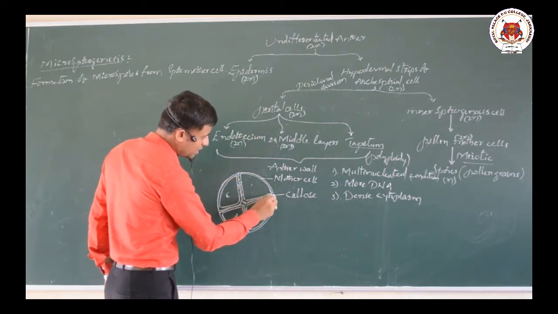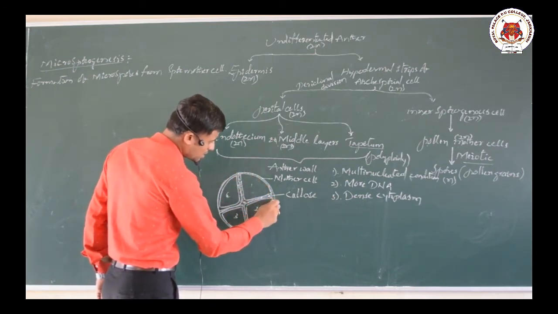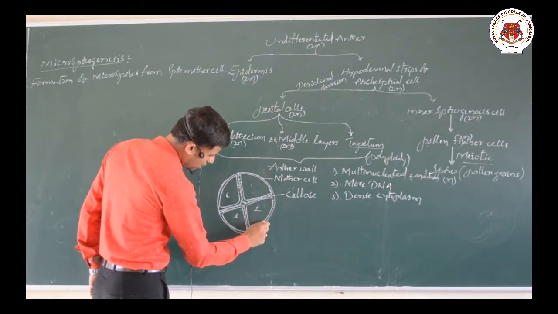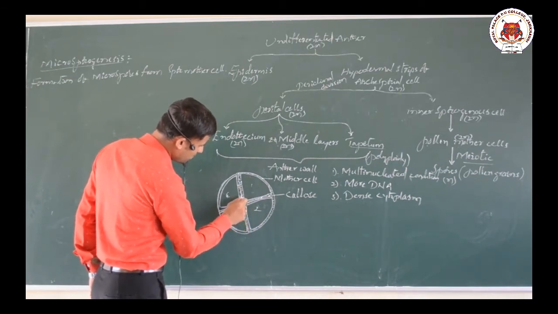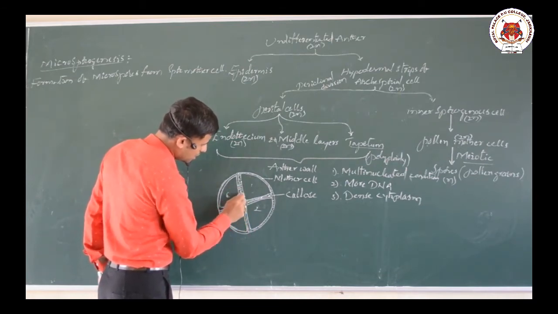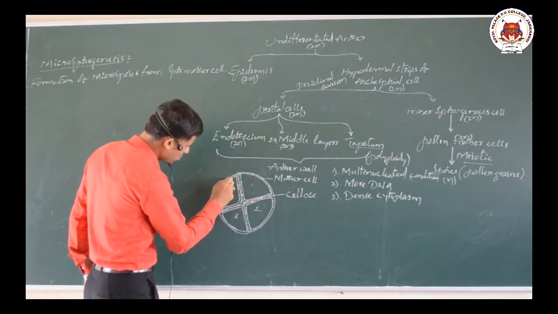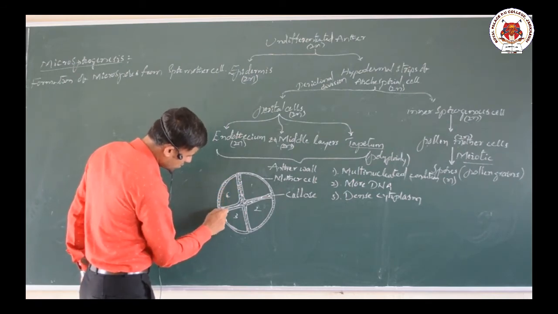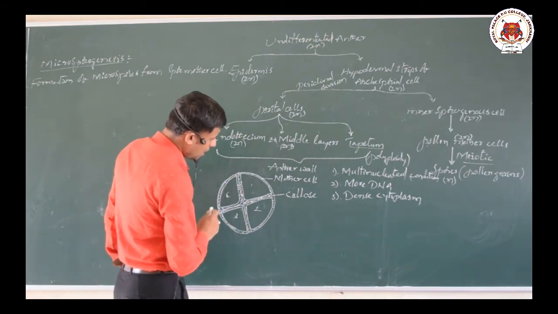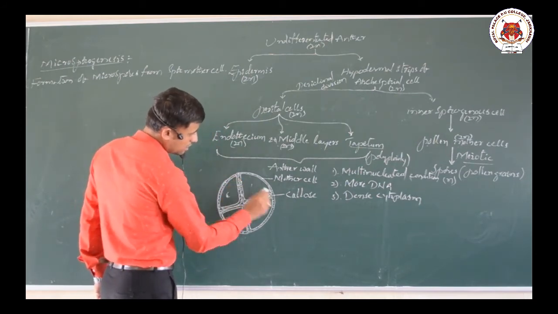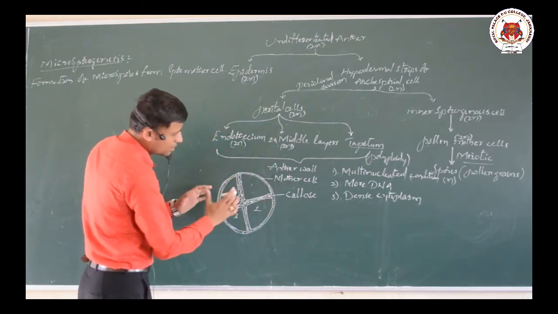Callose is a substance which helps in the attachment of one spore to another, and all four spores are attached to one another with the help of the callose.